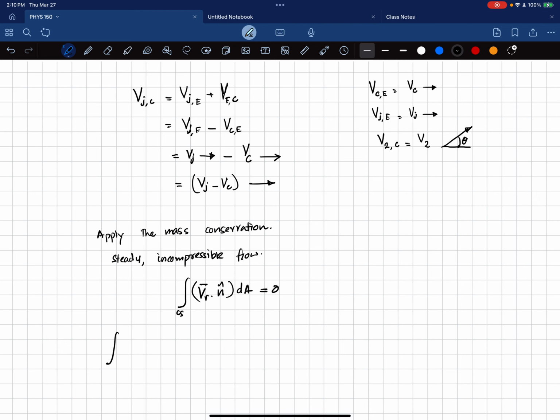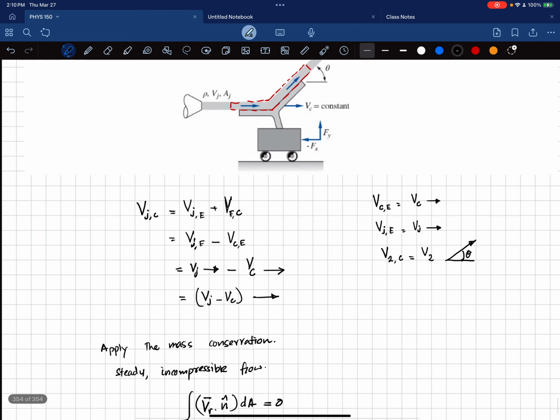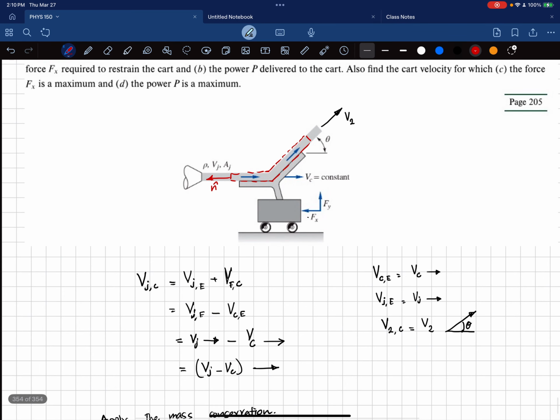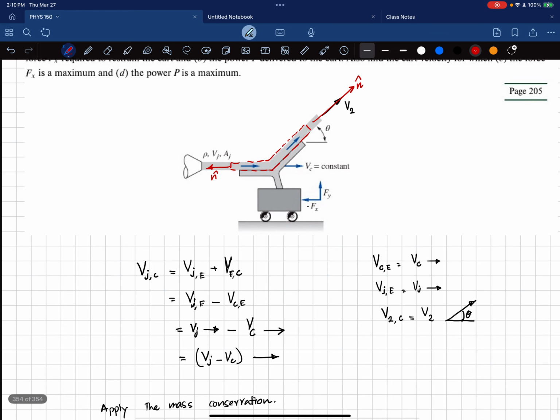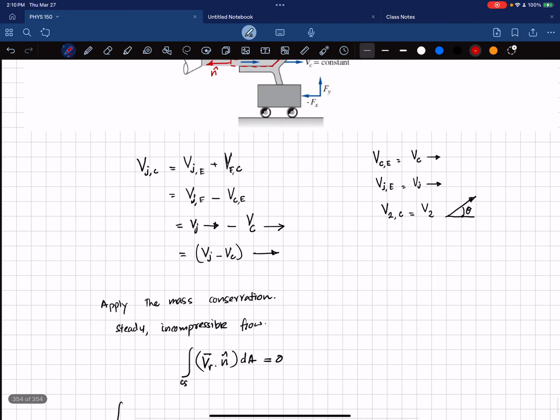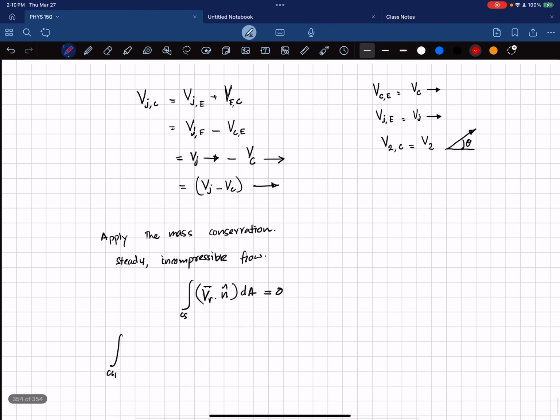Control surface 1, that's the inlet. At the inlet, the unit outward normal vector is in this direction. At the outlet, the unit outward normal vector is in this direction, so it's horizontal but opposite to the incoming velocity. We can write the inlet velocity Vj minus Vc, which is in the horizontal direction, the positive direction that we consider.